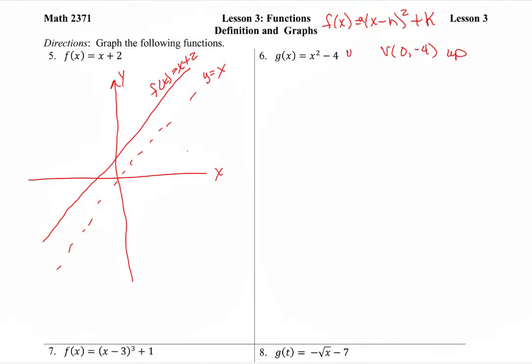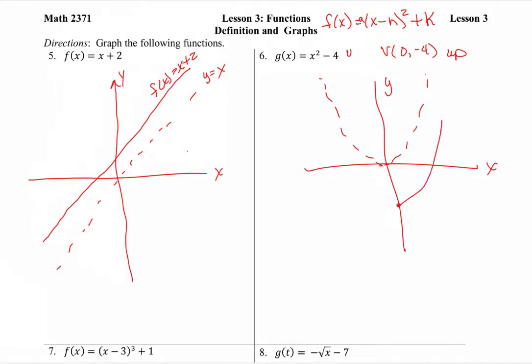And this is a parabola, so the shape is a U. So again, x, y. My basic shape is this. And I'm going to go down to 0, negative 4. So that would be about right here. And I'm still going to be opening up. And so I'm just taking that basic shape and moving it down to 0, negative 4.